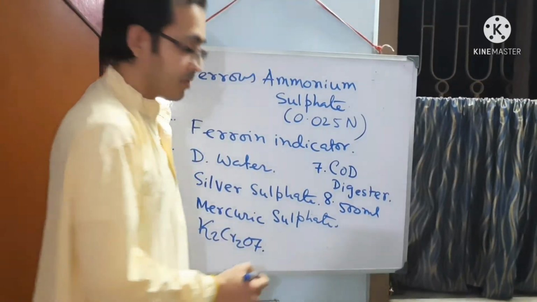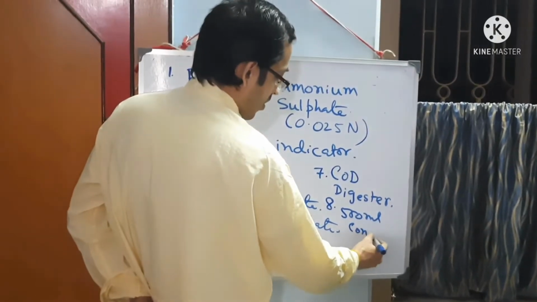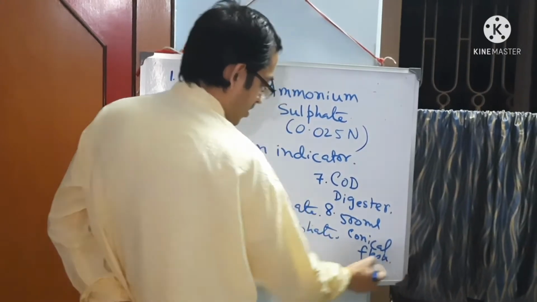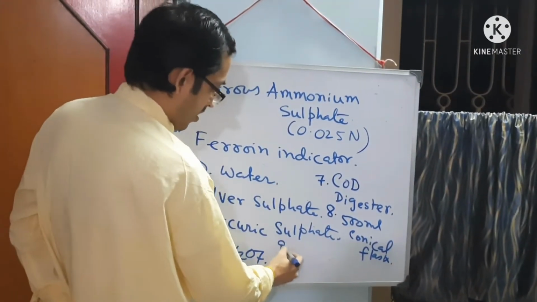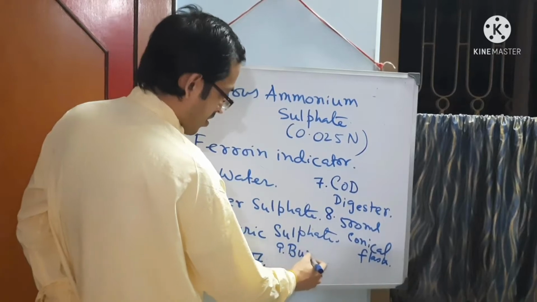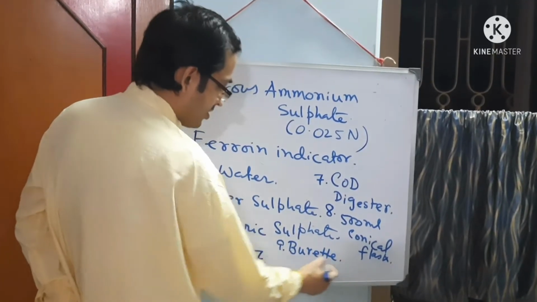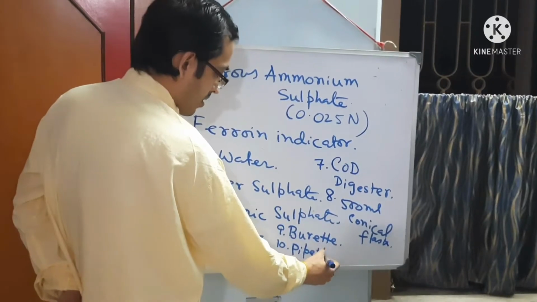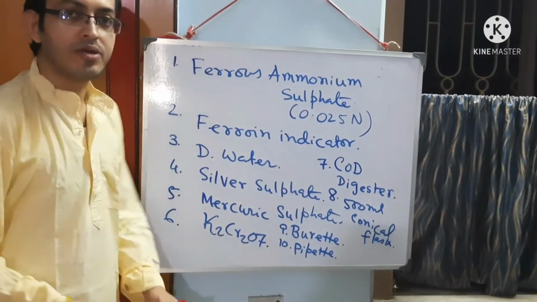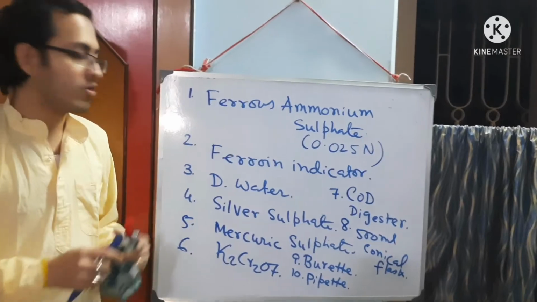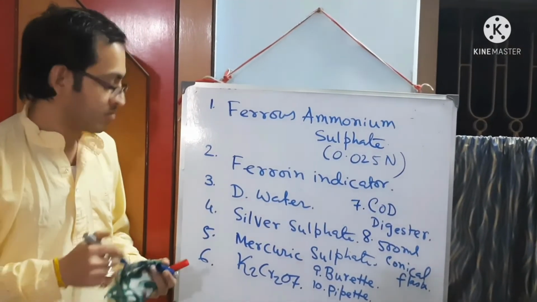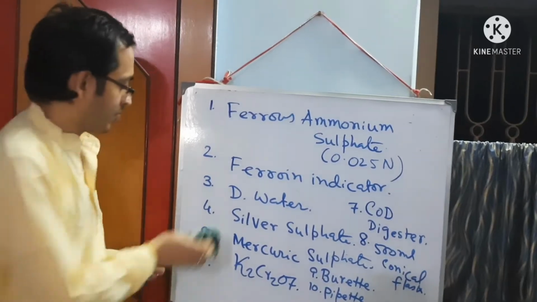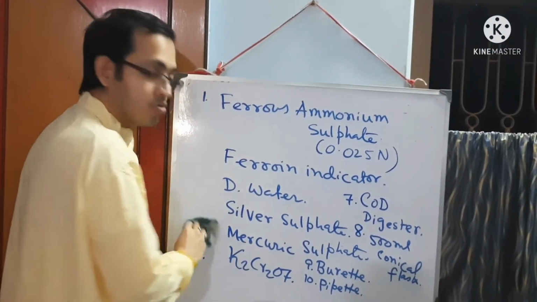And one more thing, a 500 ml capacity conical flask, burette, and pipette. So these are the requirements for our experiment today. So I am going to rub it off.